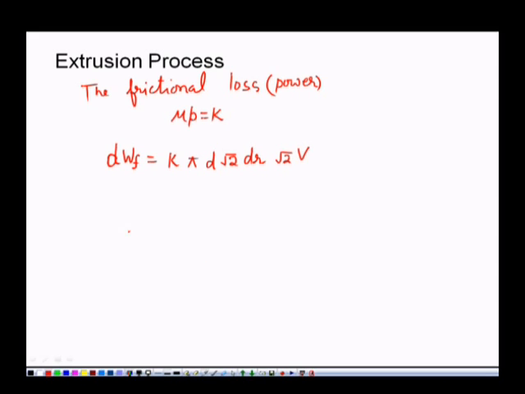And we are already aware of the conservation of material. Accordingly, the velocity multiplied by pi by 4 d square is equal to VB times pi by 4 di square.